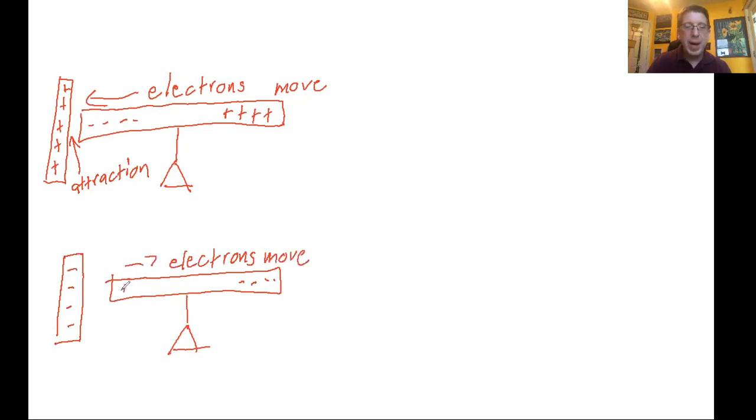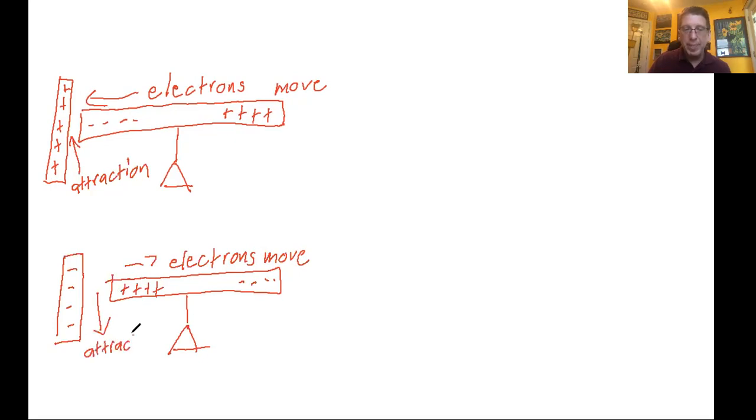That leaves a net positive charge, due to the shortage of electrons, on the left side. So again, you have the positively charged side facing a negatively charged rod, and you're left with attraction.